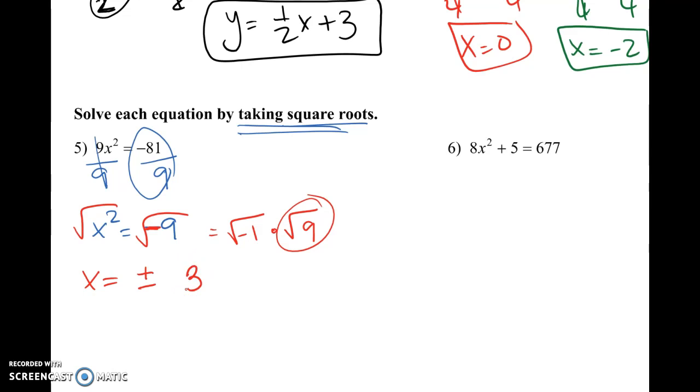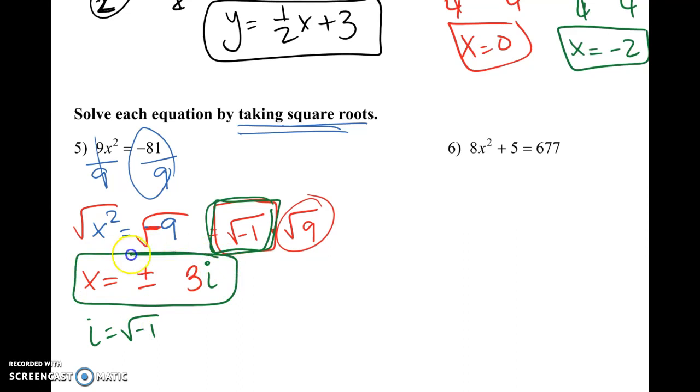So the only thing we're not taking into account here, if we just left our answer as plus or minus 3, is this negative in there. So when we have a negative inside of a radical, we actually take out the i, because i equals the square root of -1. So my final answer is x equals plus or minus 3i.